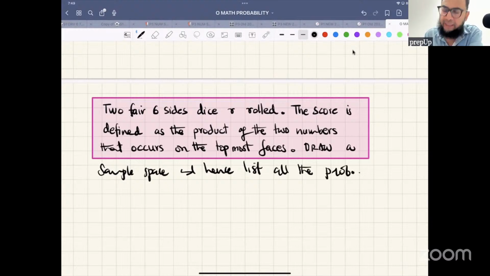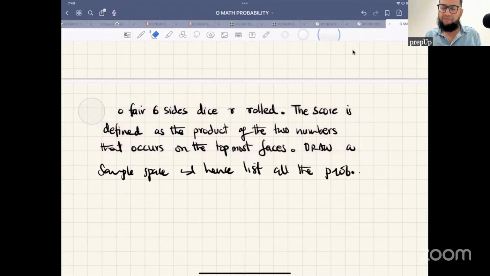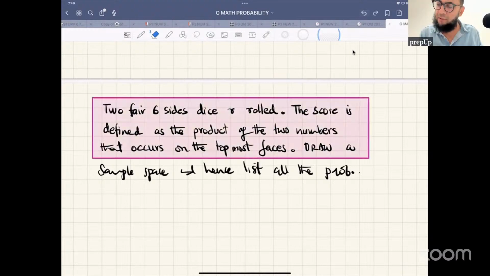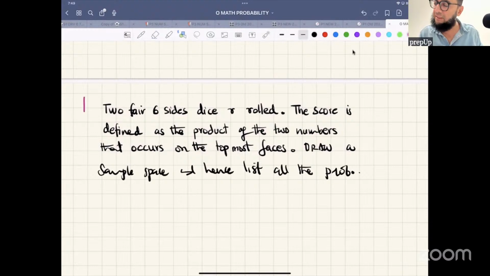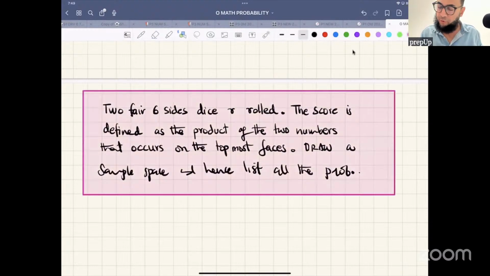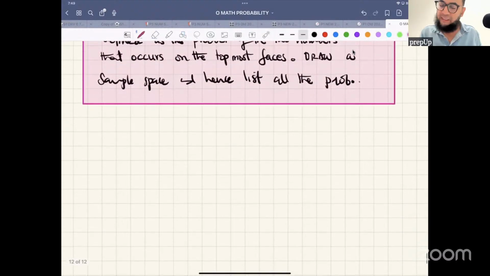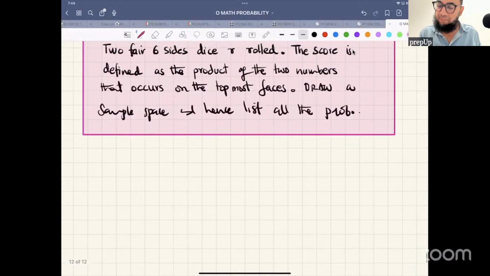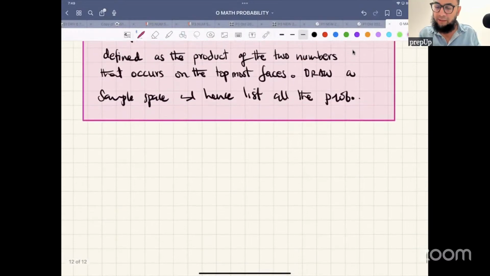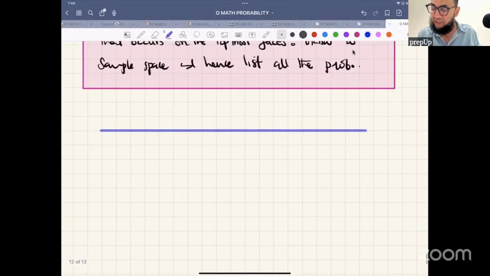So it's a basic idea that we are applying, and let me just draw this whole thing. Let me just put it in a box. Okay, so now this time there are two fair six-faced dice, so it does not have to be colored. And I'm drawing a line like this.